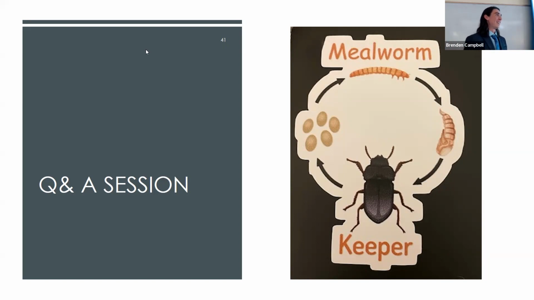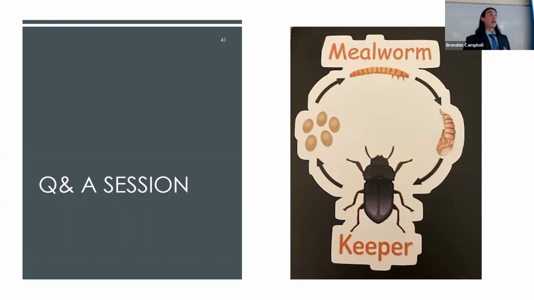All right, so we've got some questions here from Jen. You described the humidity as lower than ideal. I may have missed it, but what is the ideal humidity, and how might that affect the life cycle? That's a great question, Jen. Thanks for chiming in.